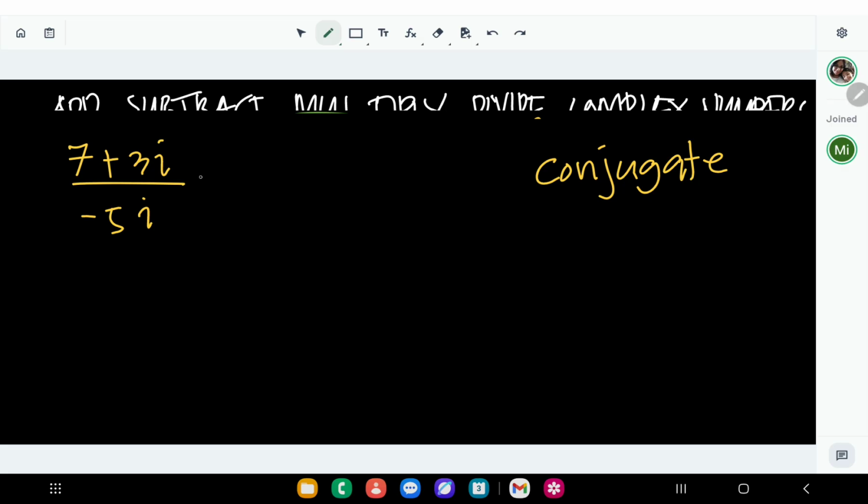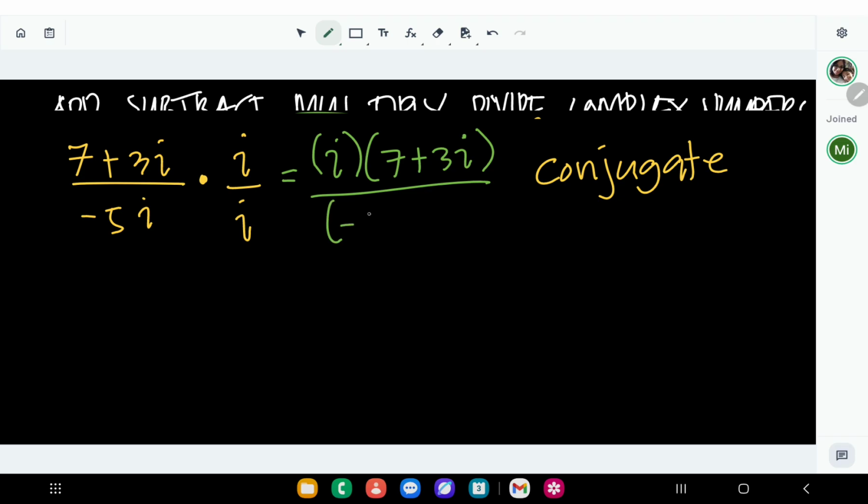So we can just multiply this by the conjugate, or negative i, which is positive i. Conjugate meaning the opposite sign of the imaginary part of the complex number. So we multiply that, and this would become i times 7 plus 3i, and this one is negative 5i times i.